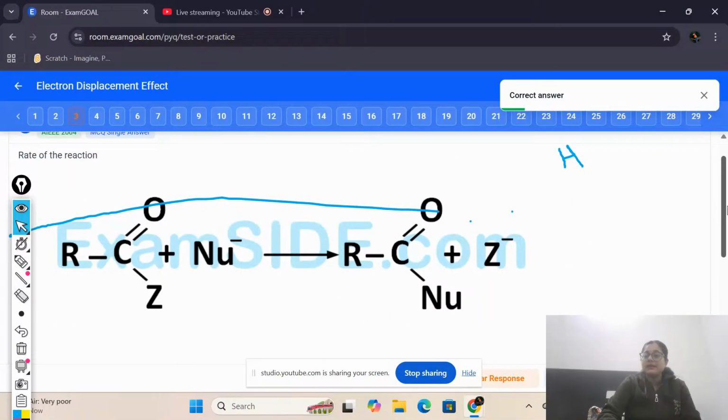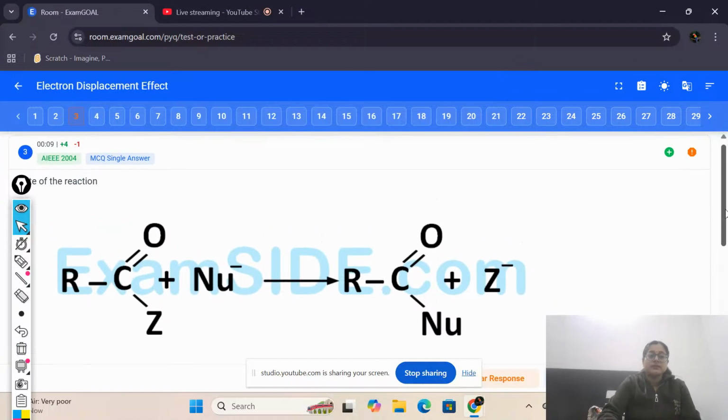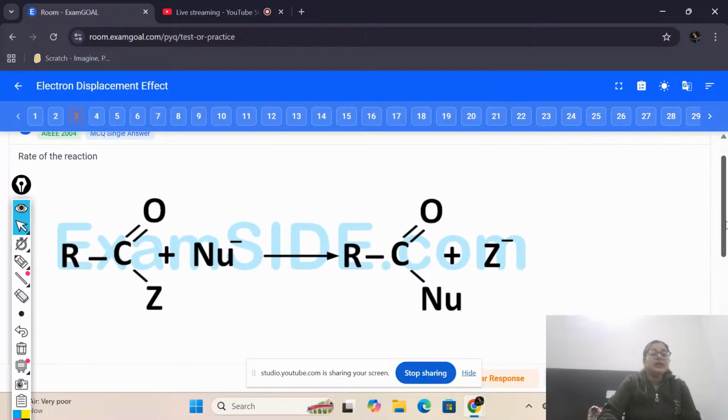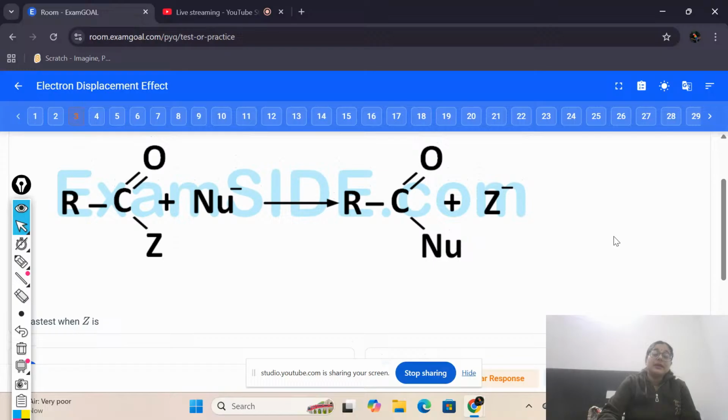Coming to the next, the rate of the reaction in which the carbonyl group is attacked by a nucleophile, and that nucleophile will attack this carbon and a leaving group will be removed.